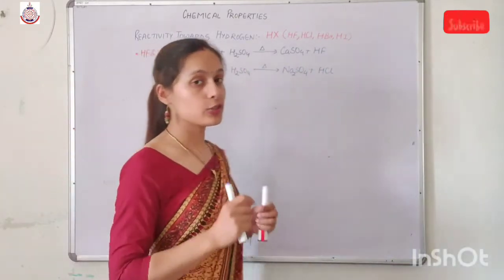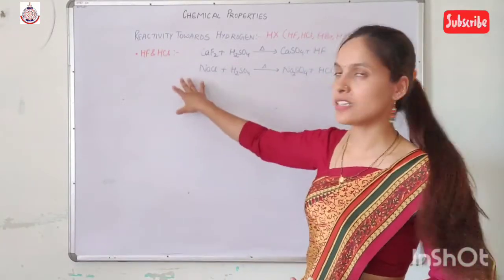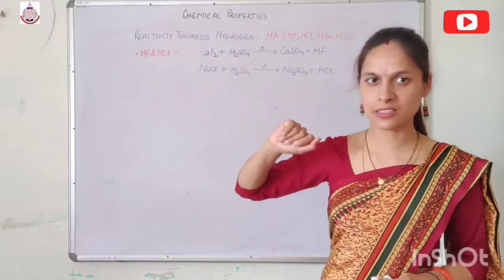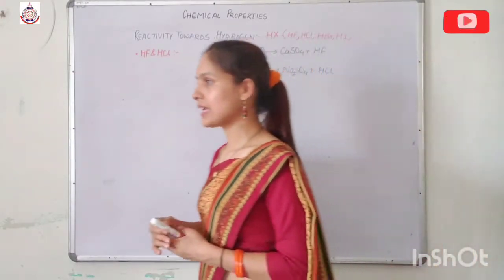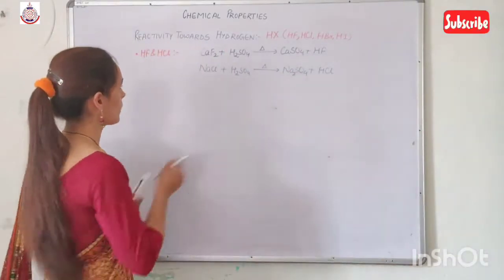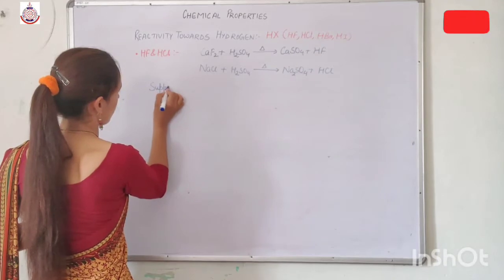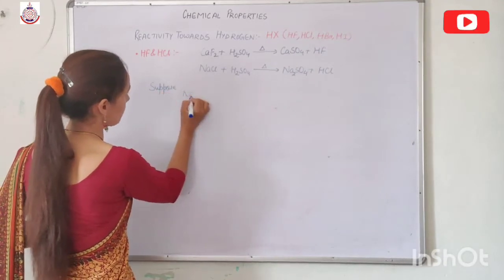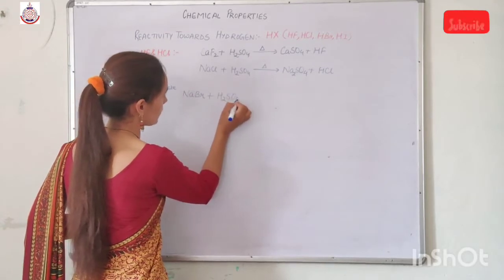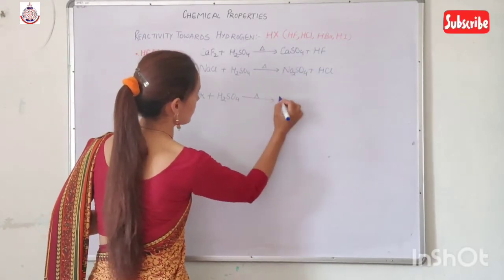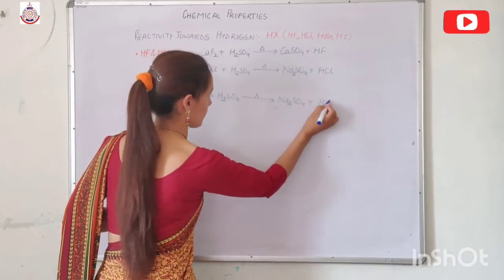But HBr and HI cannot be prepared by this method. Now, what is the reason behind this? Suppose I take NaBr and react it with concentrated H2SO4 on heating, it gives Na2SO4 plus HBr.